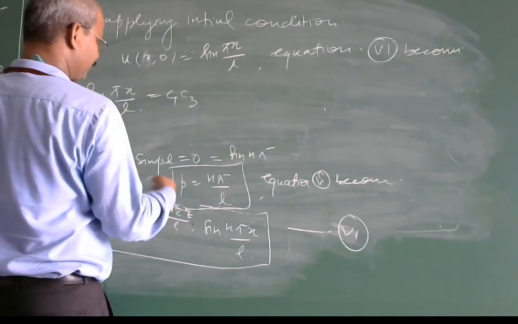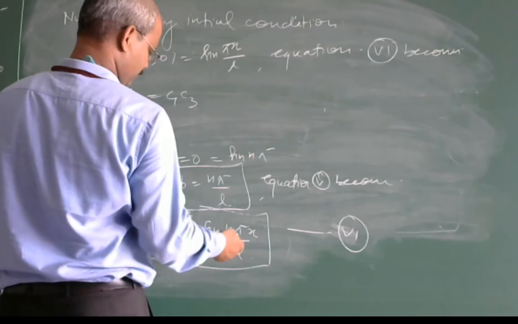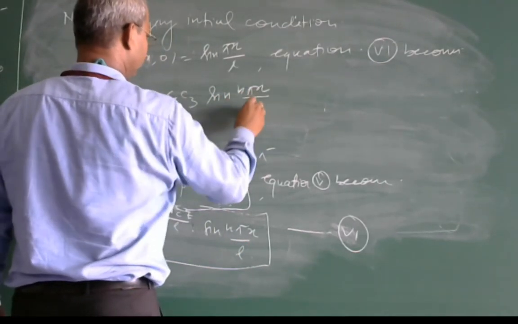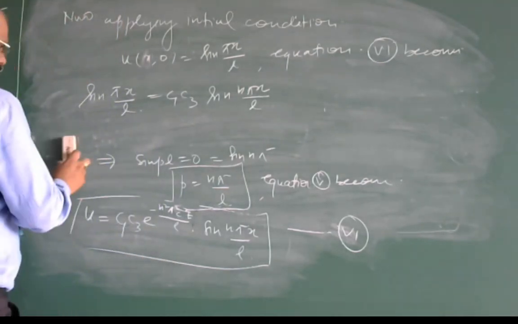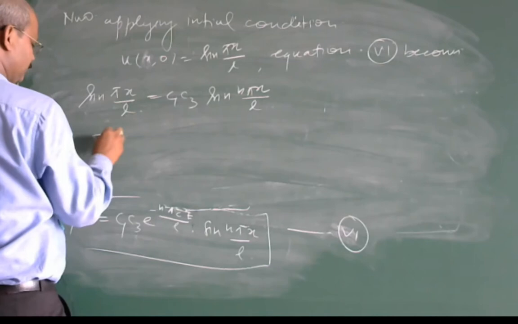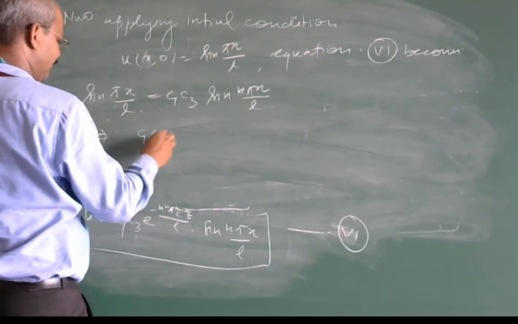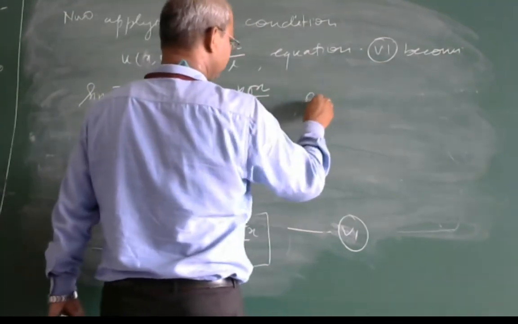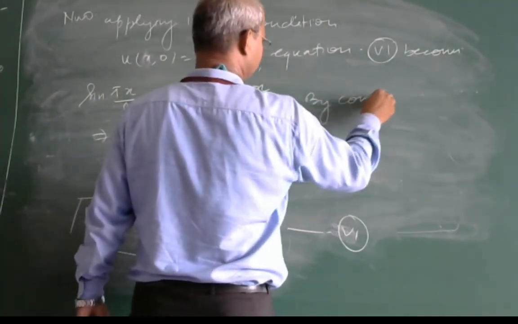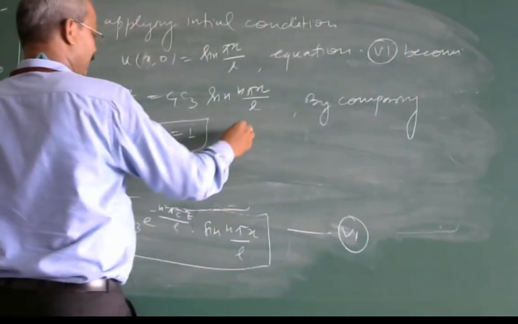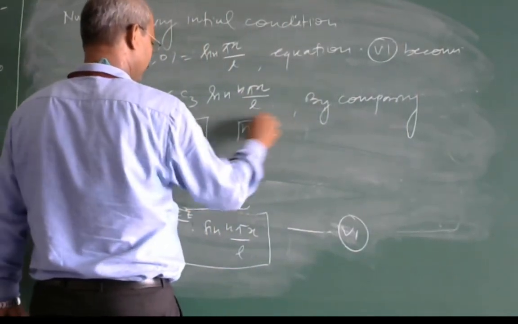So this implies that c1 c3 equal to 1, and by comparing, n equal to 1.